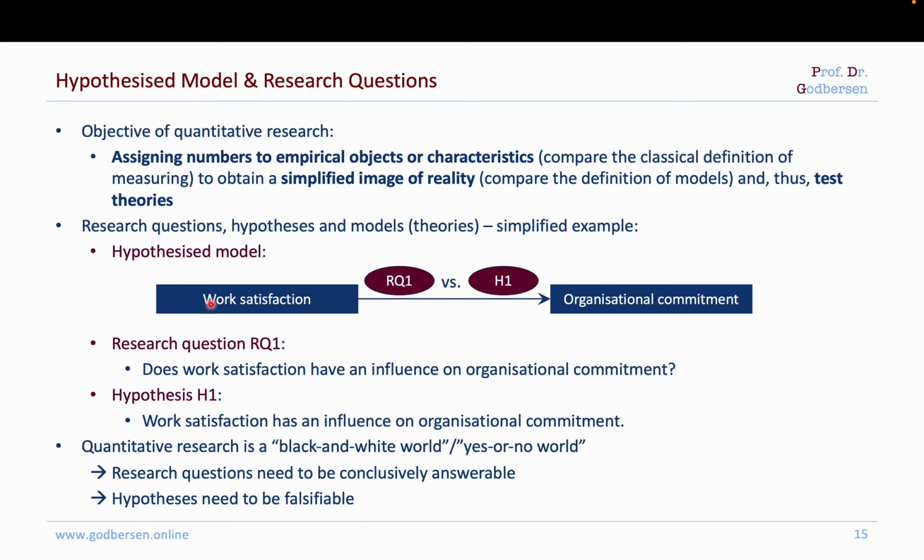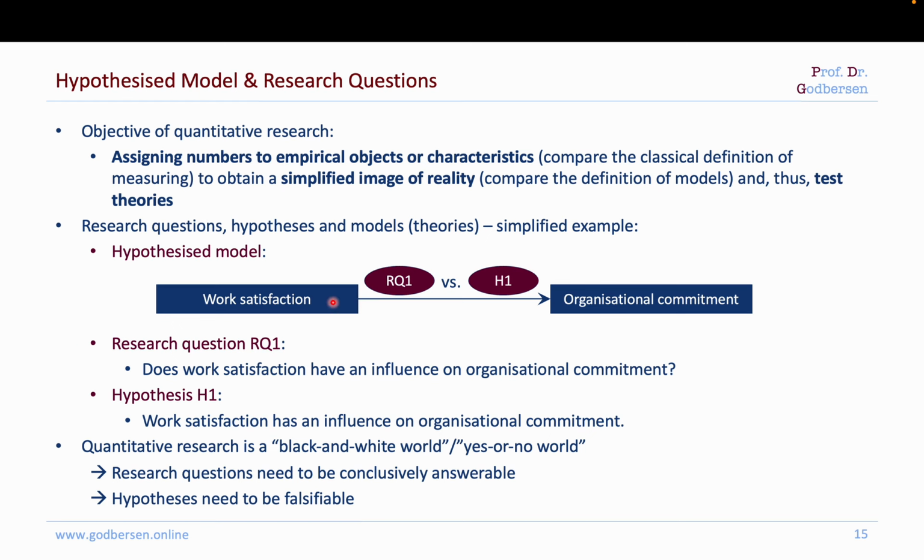Here I have a hypothesized model, or in other words, a theory, that consists of the constructs work satisfaction and organization commitment. And we assume, deduced from existing literature, that work satisfaction has an effect on organization commitment. And this effect we want to test with our empirical research. When I'm highly satisfied at work, I should be very committed to my employer.